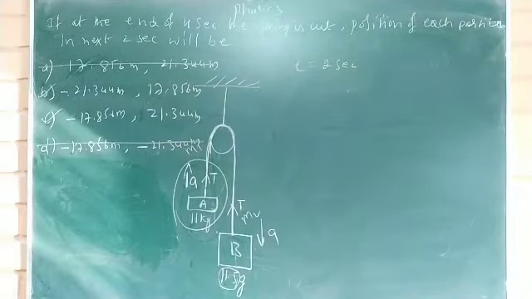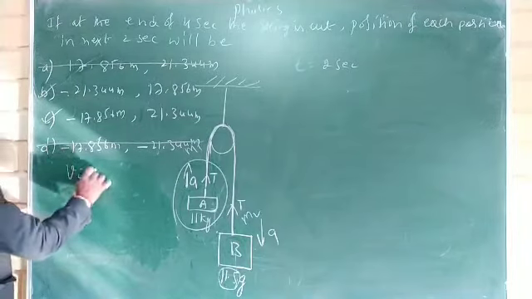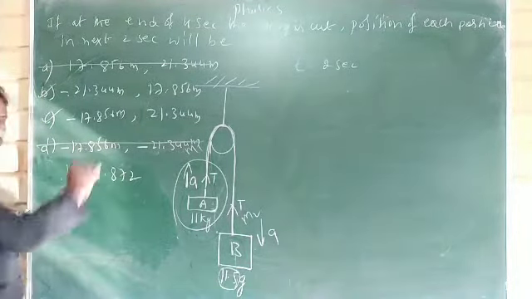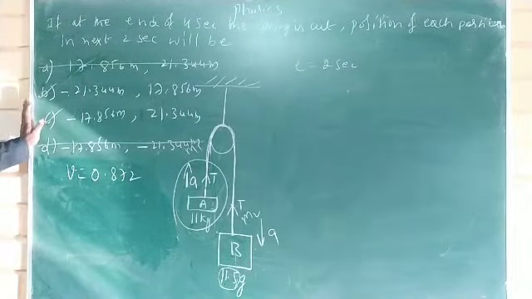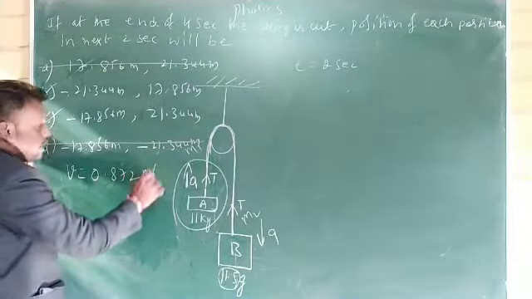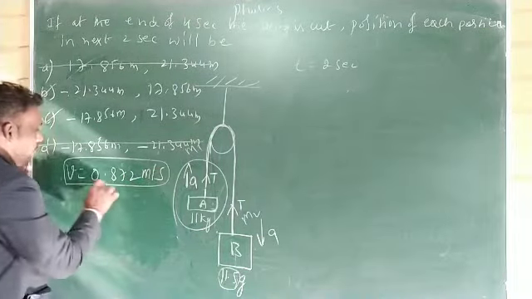We know the velocity after 4 seconds is 0.872 meter per second. We take this velocity as the initial velocity.